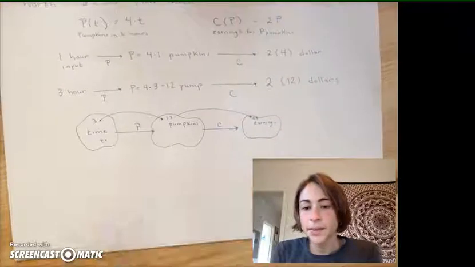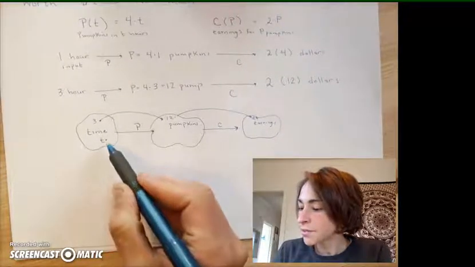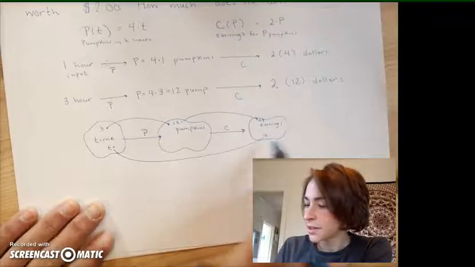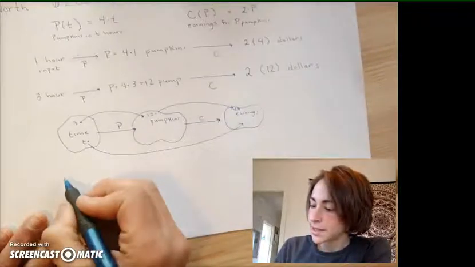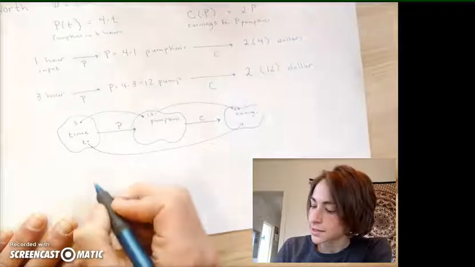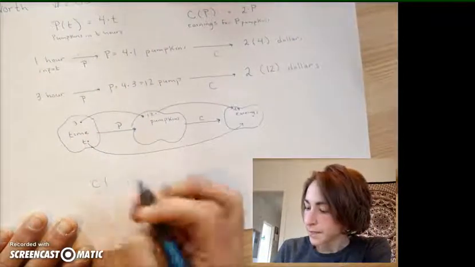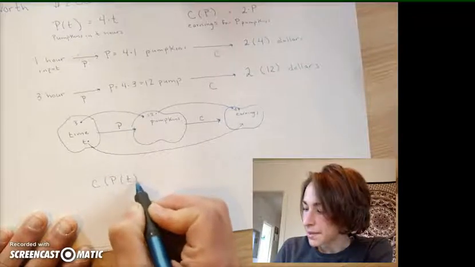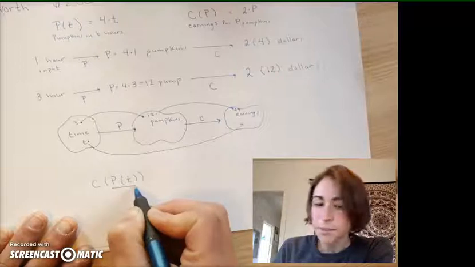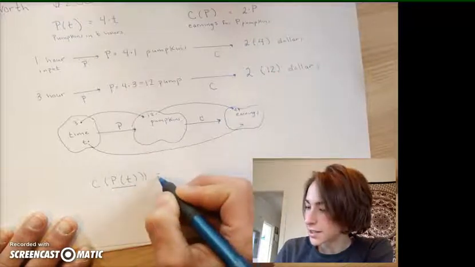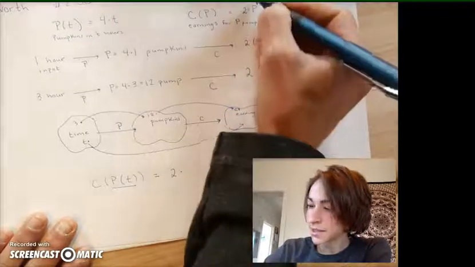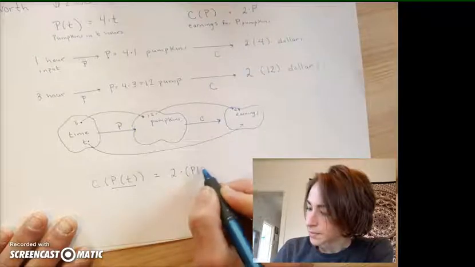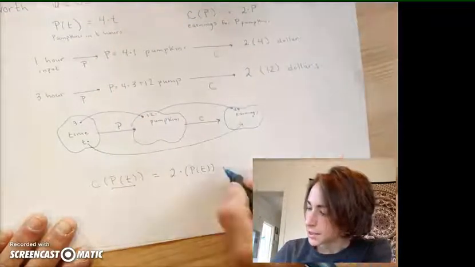So in a way, what we're doing is another type of function. We could have just gone from the time to the earnings, because we could see that for the earnings, C, it depends on the number of pumpkins, which depends on the time. So I could plug in the entire pumpkin function into the cost function. So I'd get 2 times, instead of P, times P of t, but P of t is 4 times t.